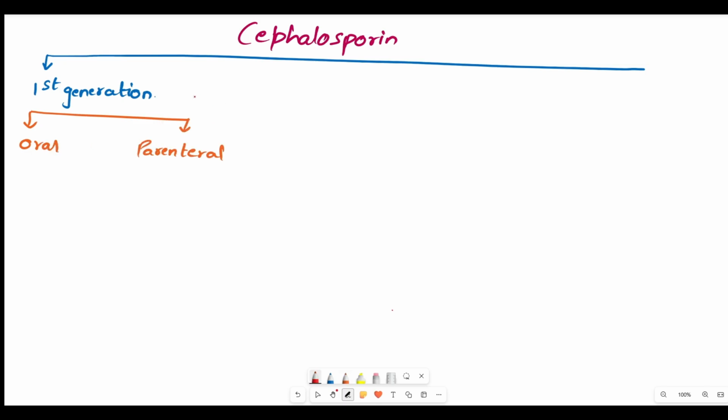In the first generation class, just remember only FA. Only one simple word, FA, and this first generation will be done. If a drug has FA or PHA in its name, that means it comes under first generation cephalosporins. Now let's see the examples.